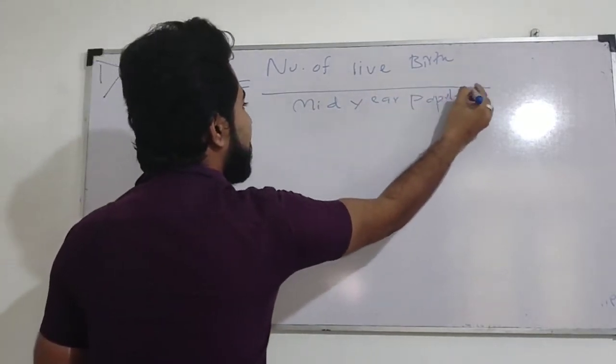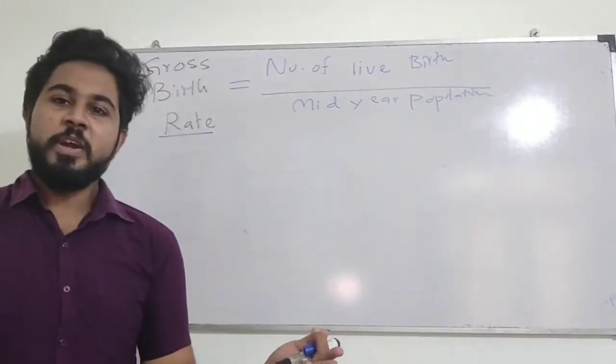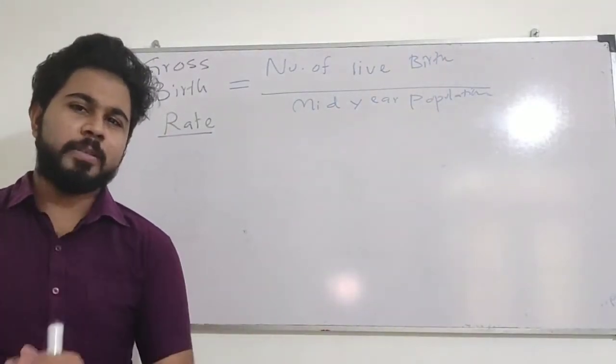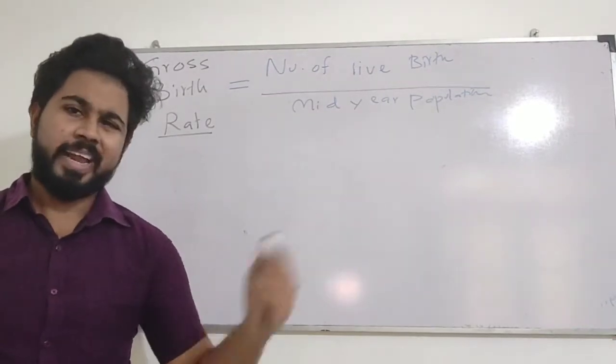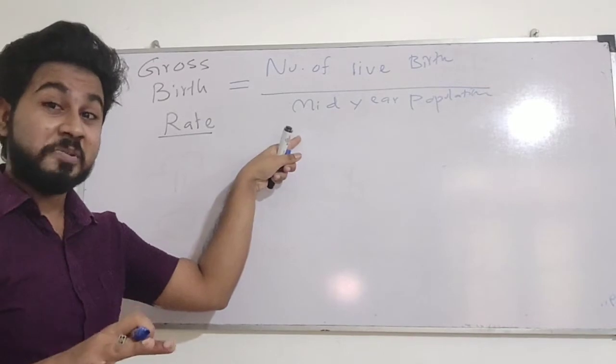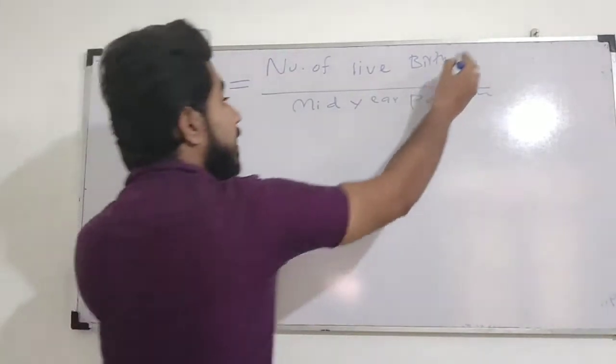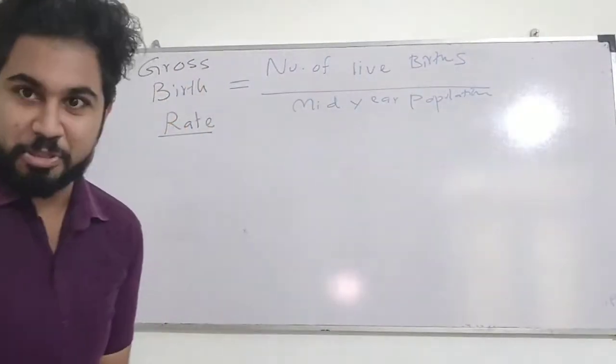Now in the last video we learned that generally we are not calculating the population at the beginning of the year or the population at the end of the year. We are calculating the population at the middle of the year, the mid-year population. So number of live births divided by mid-year population.